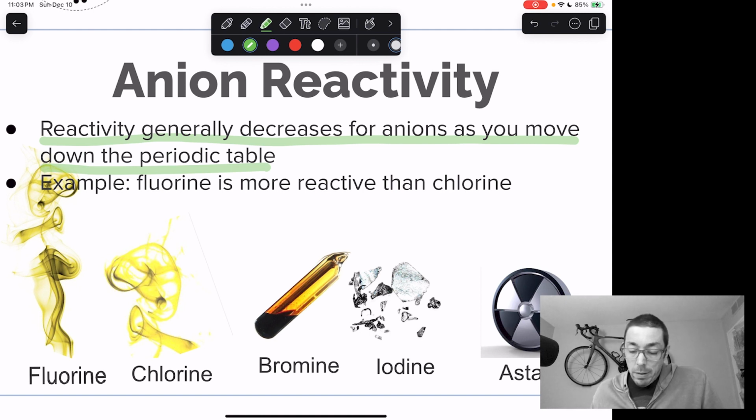And why is that? Well, we have to think of what's going on the other side of the table. What's going on is the opposite. Those atoms want to grab electrons from other atoms, right? So they want to attract electrons so that they can fill up their valence shell.